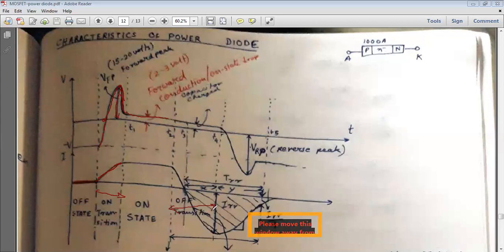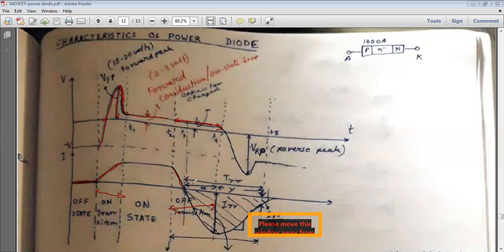Here the voltage will continue with the same value that was in the on state, and the current will start to decrease, but it is also not an instant decrease. It will slowly decrease to 0, but you can see that the voltage is continuing with some value.